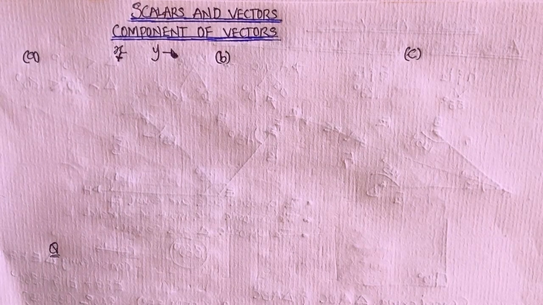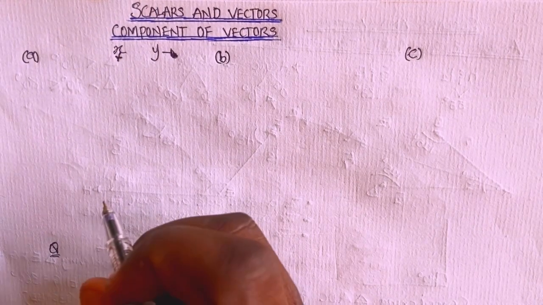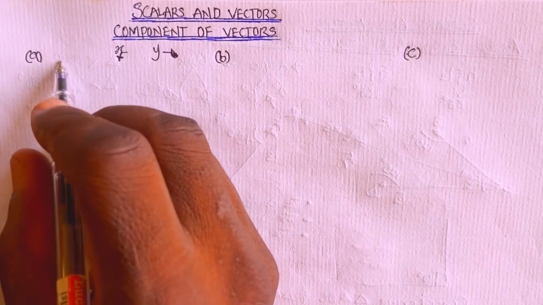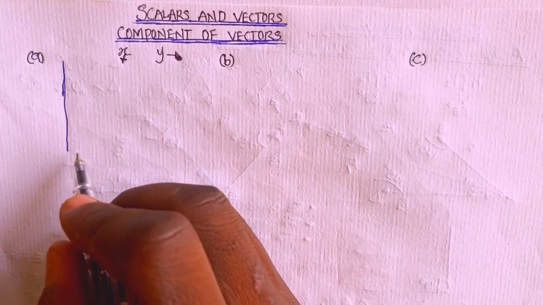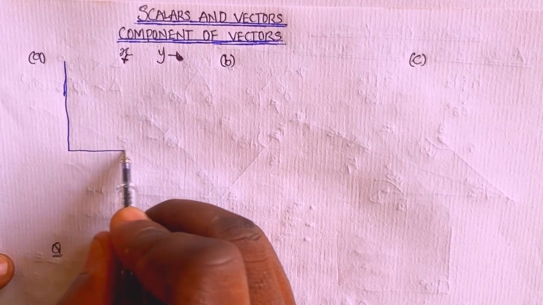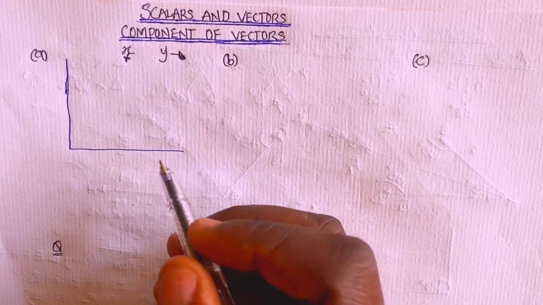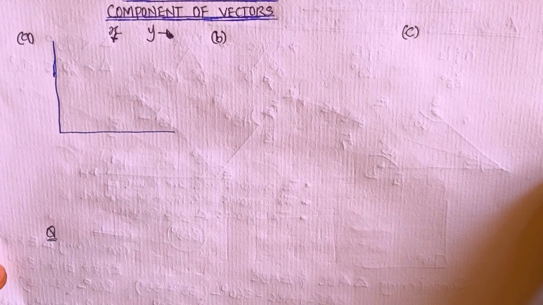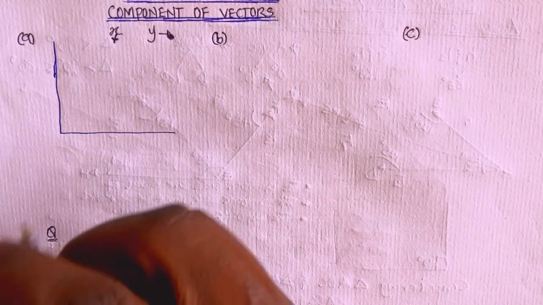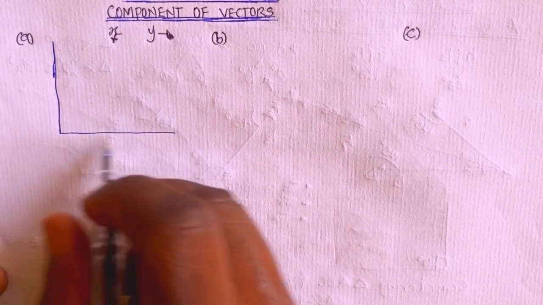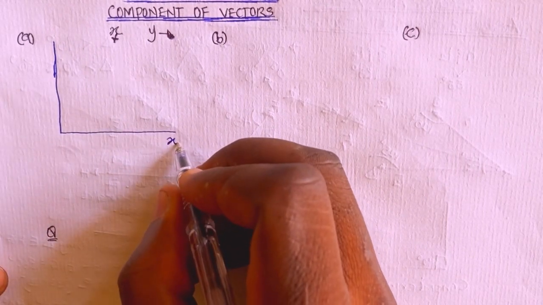So what happens in this case is that, let's say I have a diagram, right? To represent the components of vector on this diagram, this side is taken to be the x-axis, right?